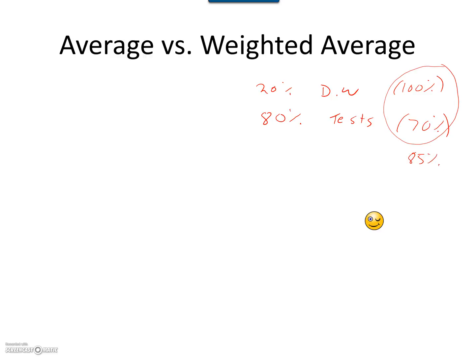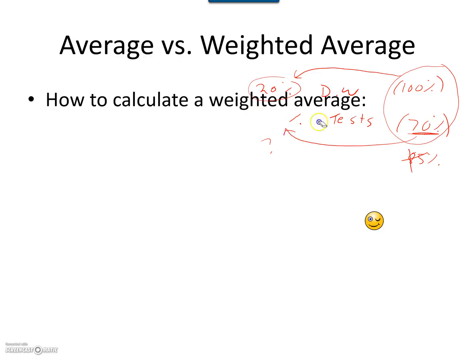Now, if I was to use my weighting, I would have to say that my 70% in the test category is actually 4 times more valuable than that 100% in the 20% category. So my average in that case would not come out to 85%. It would come out closer to that 70%. It wouldn't just be that midpoint. We'll talk about how you can actually calculate that here in a little bit.